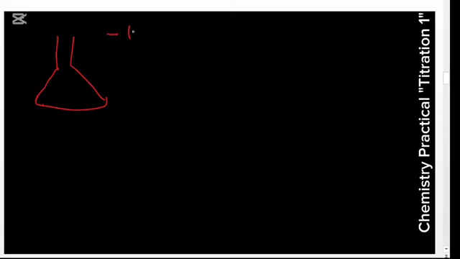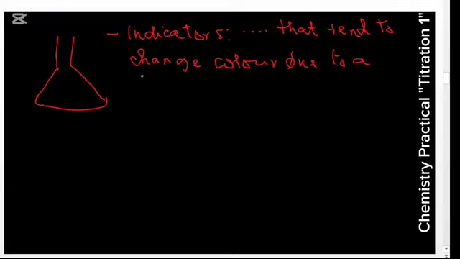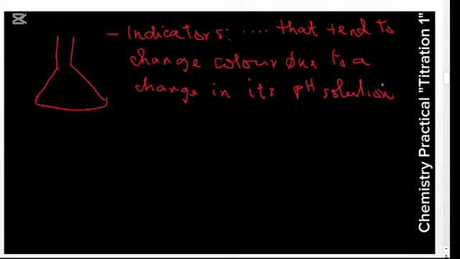So first, when we say indicators, we know what they are. So indicators are simply organic acids or bases that tend to change color due to a change in its pH solution or environment.